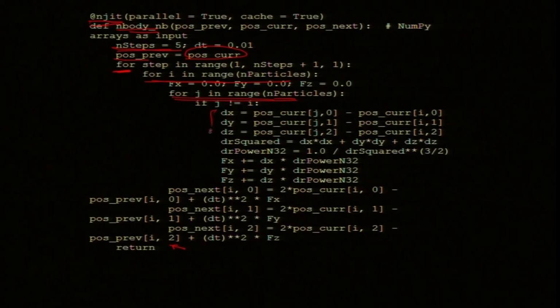These are the 3 delta R's. This is R_B minus R_A, correct. So, x, y, z, this is a 3D simulation, and then this 1 by R cube.